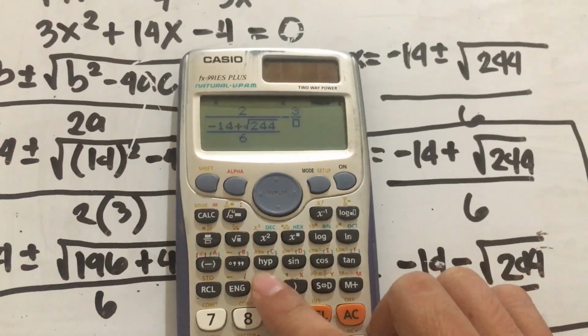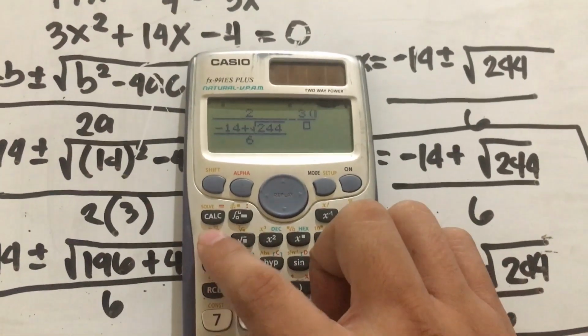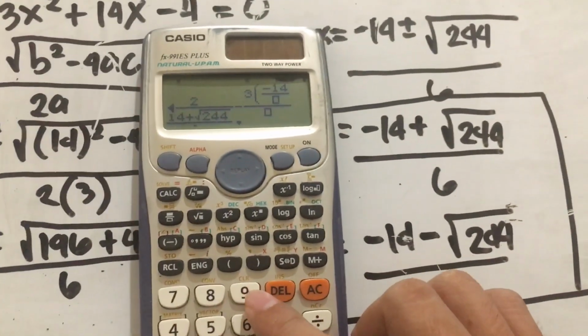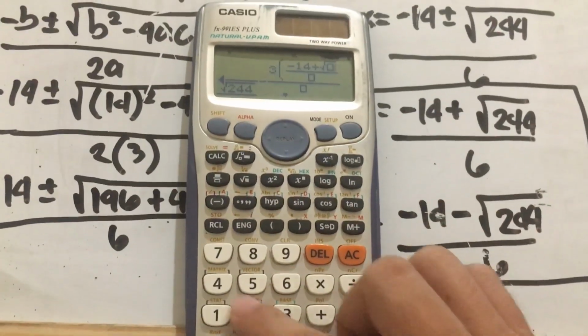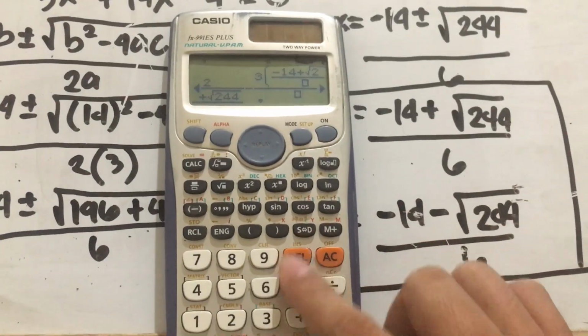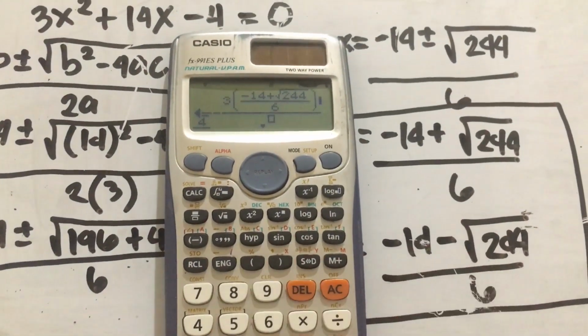So I'll put it inside a parenthesis. And that is, again, another fractional form. That is negative 14 plus, again, square root of 244 over 6. Do not forget to put the close parenthesis.